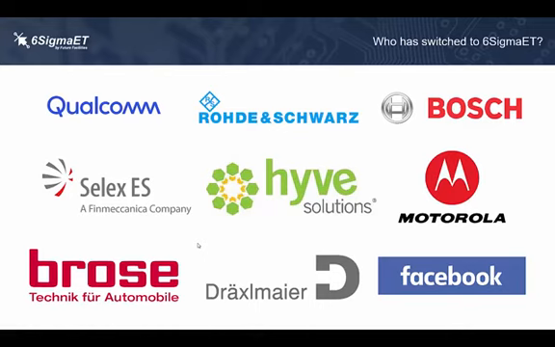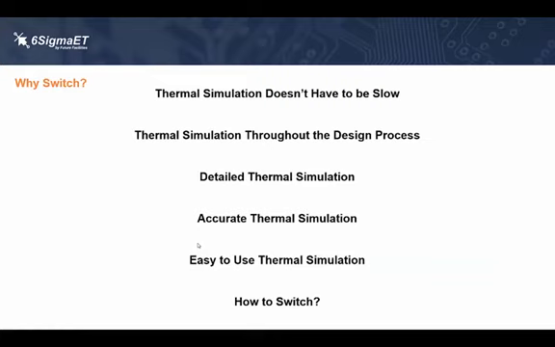Today I'll be talking about why these companies and more have decided to switch to 6SigmaET, and the benefits to the company and to engineers of switching to 6SigmaET. So these are the topics that I'm going to talk about today. Thermal simulation doesn't need to be slow.